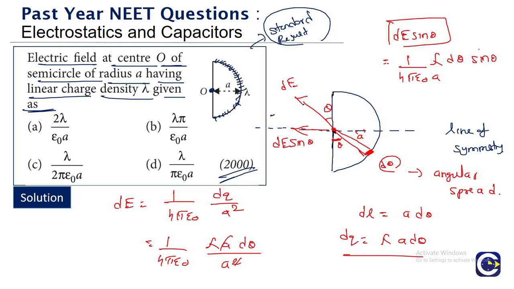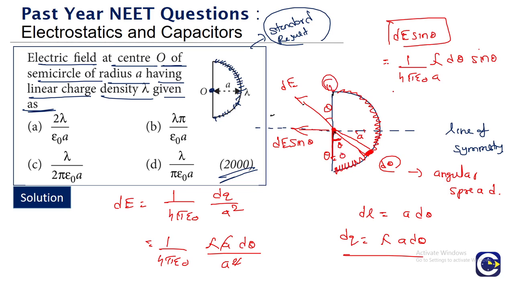Now we will cover the entire portion of the ring when we do this integration, as the theta value is changing from 0 to pi.